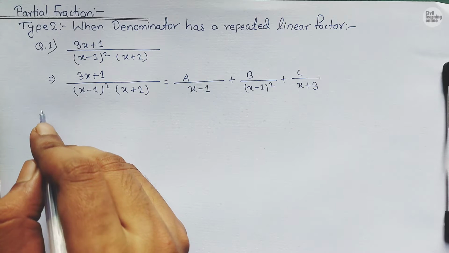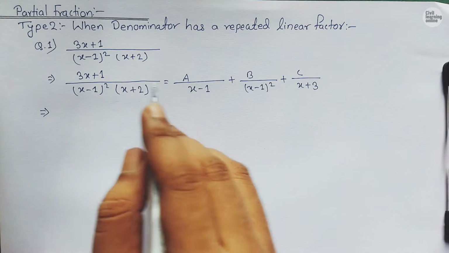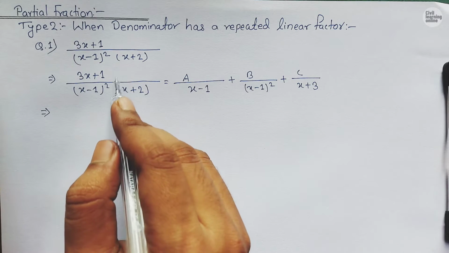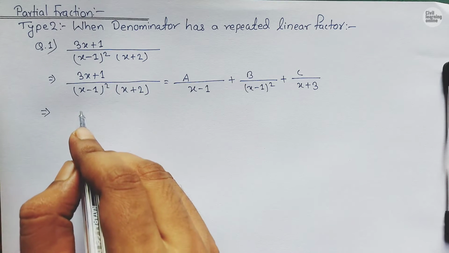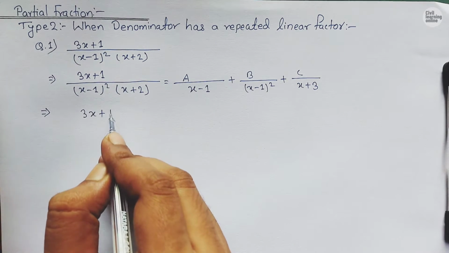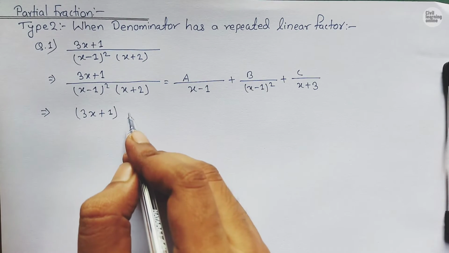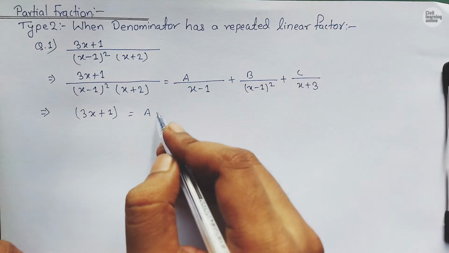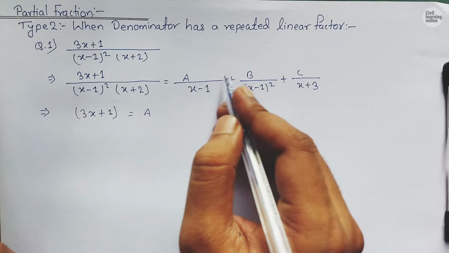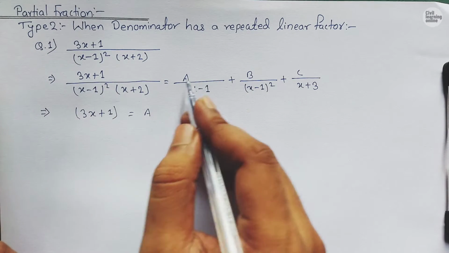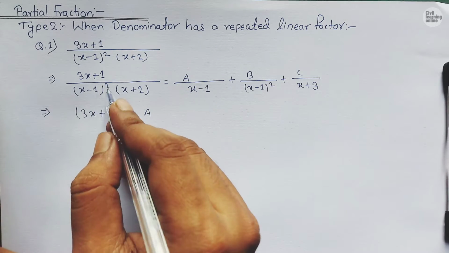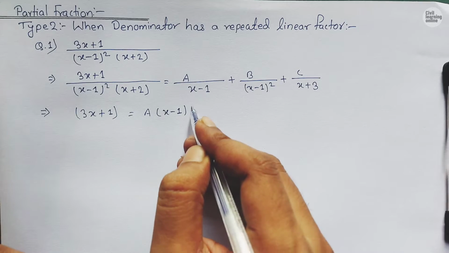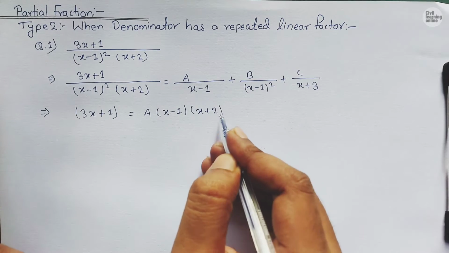Again the procedure is the same, we will multiply both sides with the denominator. On the left we have 3x plus 1. When we multiply a with this value, one (x minus 1) gets cancelled out, so we have remaining (x minus 1) times (x plus 2).